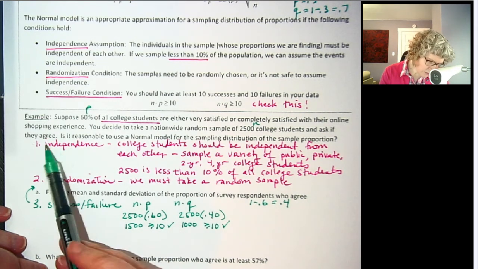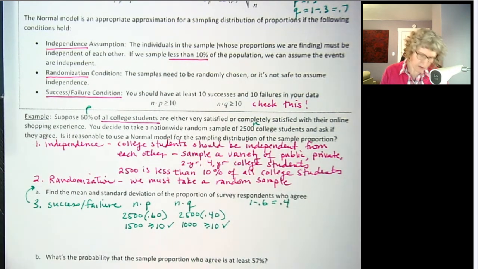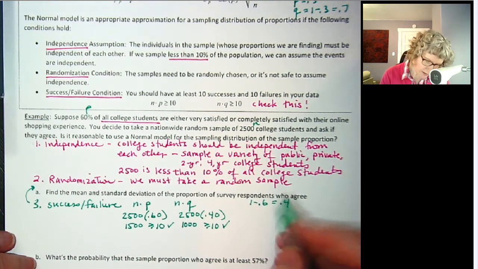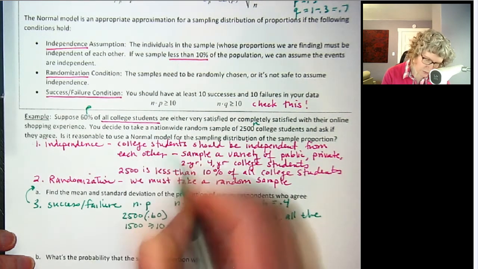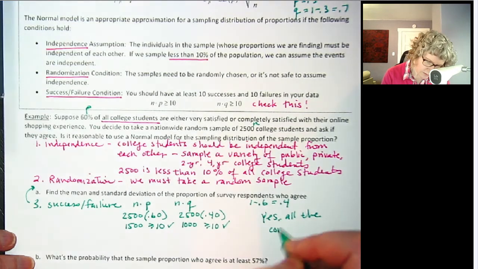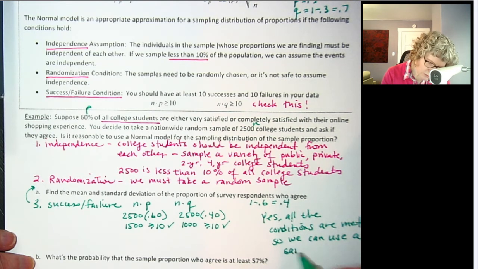Okay, so is it reasonable to use a normal model for the sampling distribution? So yes, all the conditions are met, as long as we do these things. So we can use a normal model.